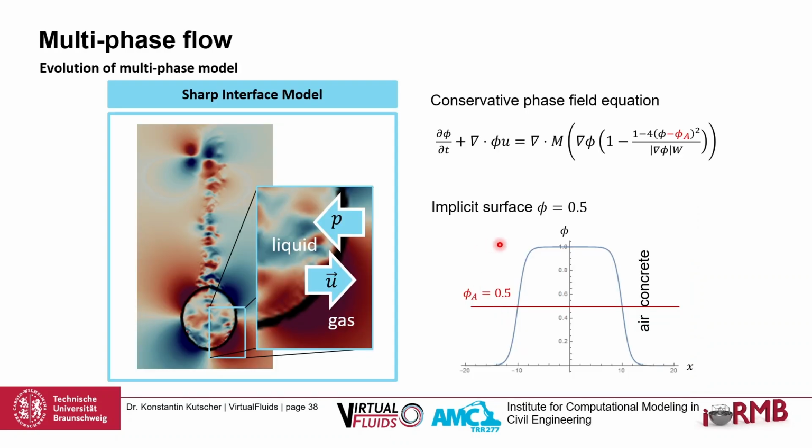Then next, for multi-phase flow, we tried different models, and for this case, for a higher density ratio, like 1000, we developed a special sharp interface model, which approximates this high density ratio very well.